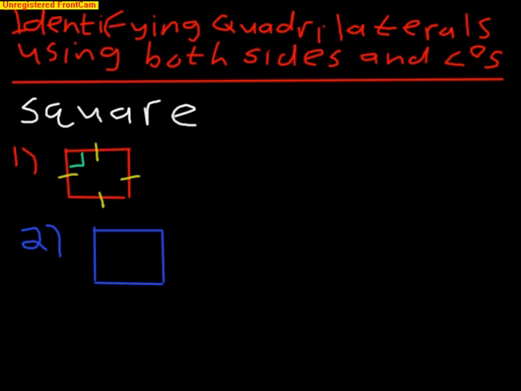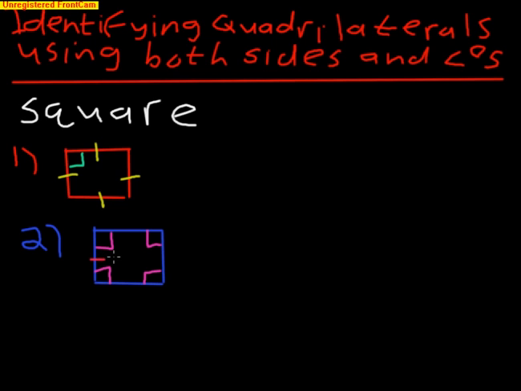The second way to uniquely classify a quadrilateral as a square is if we have four right angles, in other words angles of 90 degrees each, and a pair of adjacent sides that are equal.